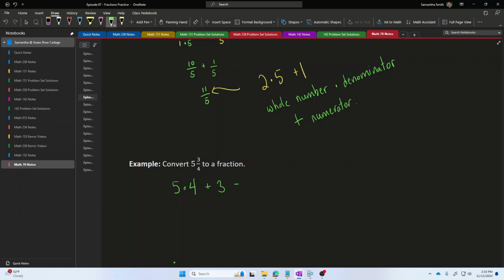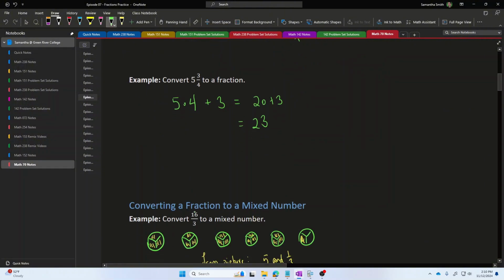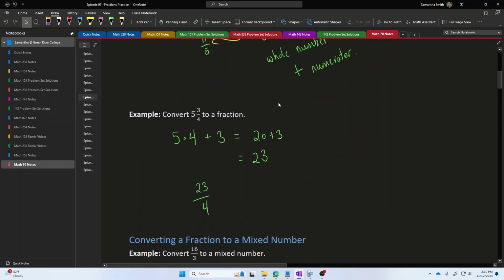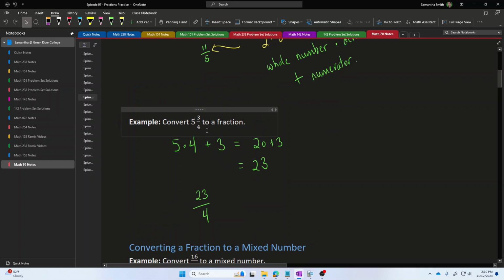And that would give me the number 20 plus 3. That would give me the number 23. And 23 is what I would put over 4. So this would be 5 and 3/4 as a fraction, which I have gotten just by taking 5 times 4 plus 3 and then putting that over the denominator of 4.